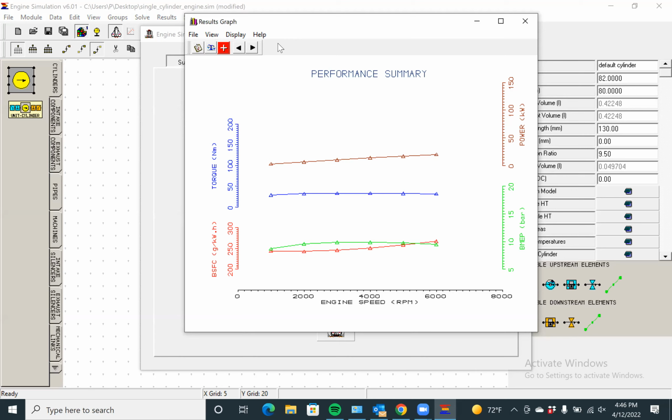So brake mean effective pressure is the average pressure inside the cylinder for the entire duration of that particular cycle, and that is given in bars. So these are important engine parameters.